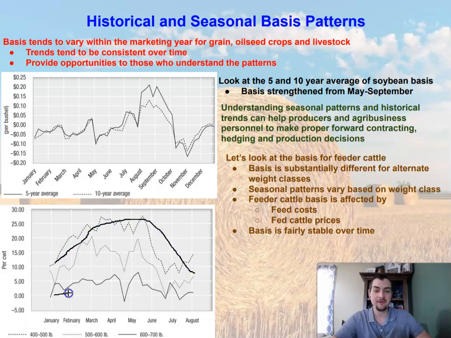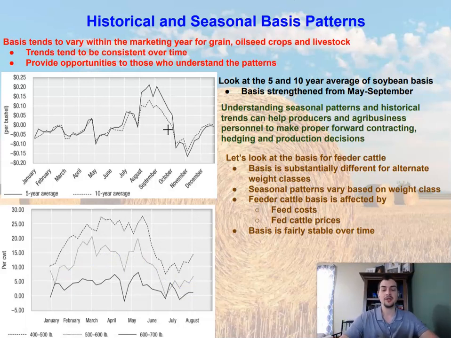Whereas the heavier weight calves, we see it increase and then go right back down with very little rise and very little fall. Versus the lighter weight calves, where we see more of a drastic change within our basis.